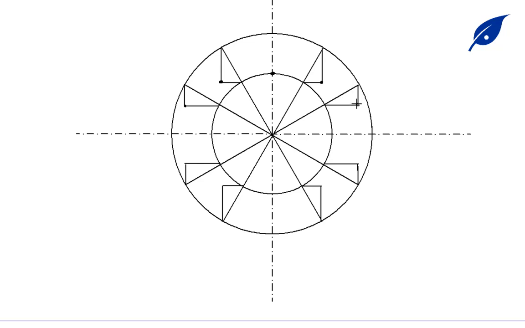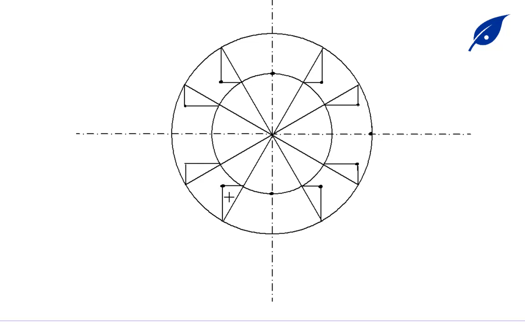Now we mark this, then this point on our major axis, which is also a major point for our ellipse, then this point, then this one also, then now this on our minor axis.